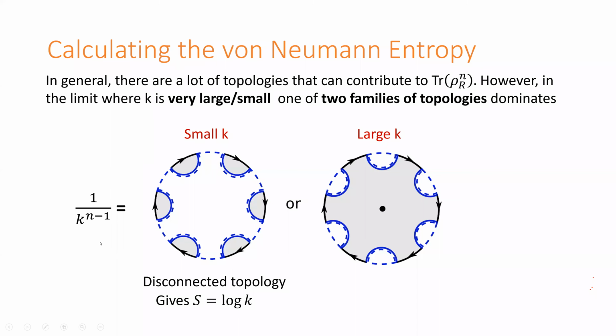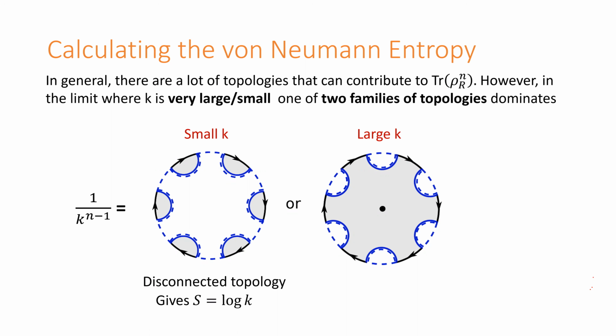So if this is for values of k where this is the dominant answer, we can take its log, divide by n minus 1, we get log k, analytically continue log k as a function of n, and you just get log k. So this gives indeed an entanglement entropy equal to log k. This is the naive answer, but the point is that it only dominates when k is much smaller than e to the S_0.